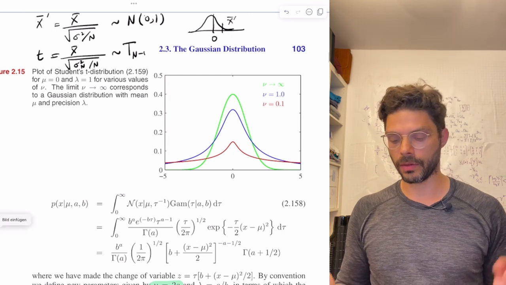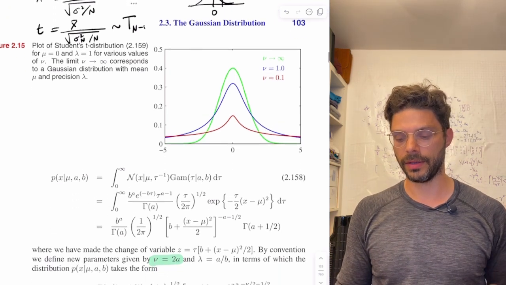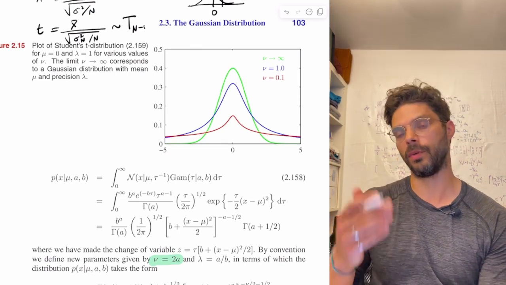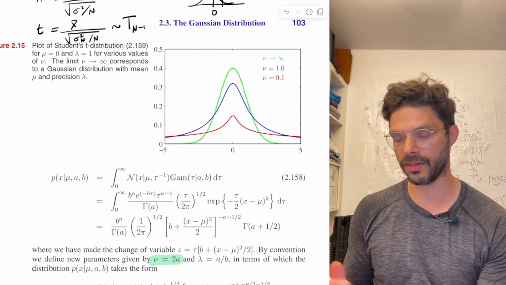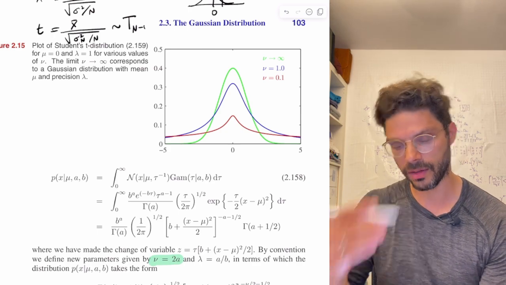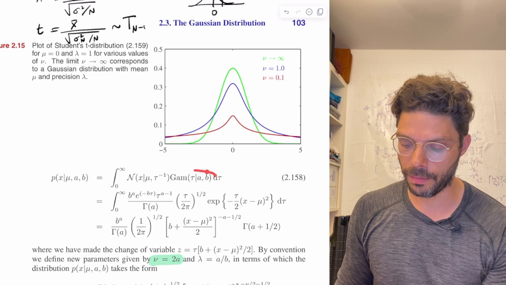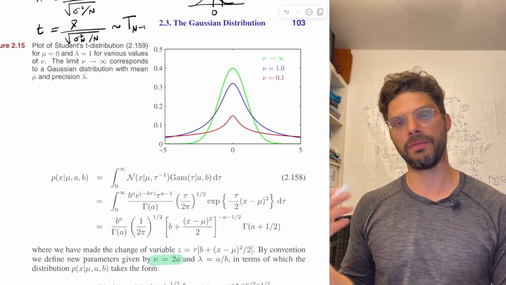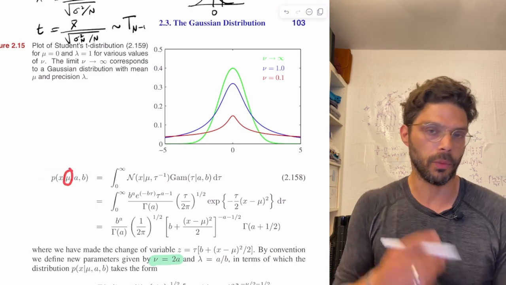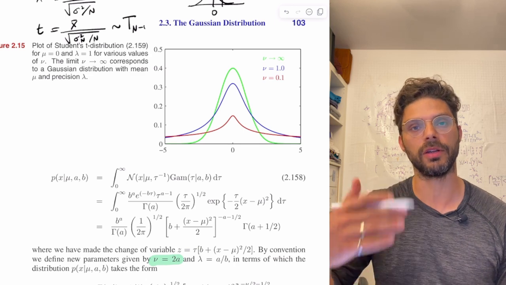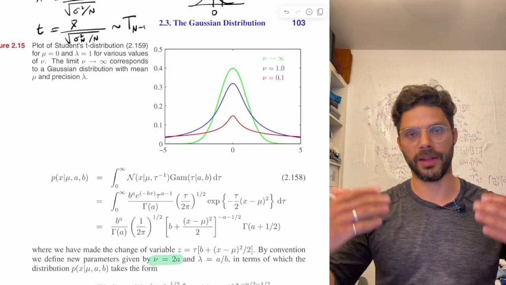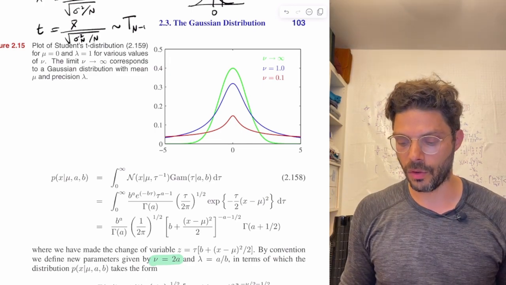Okay, so why would we ever want to do this? Essentially what he's saying is, look, you have data, you don't know the variance of it, or the precision in this case, 1 over the variance, but you have some prior information about what that variance could be, and you're interested in the distribution of your data. So you know the mean, but you don't know the variance. The thing to do, and this is the Bayesian thing to do, is to integrate over your uncertainty.